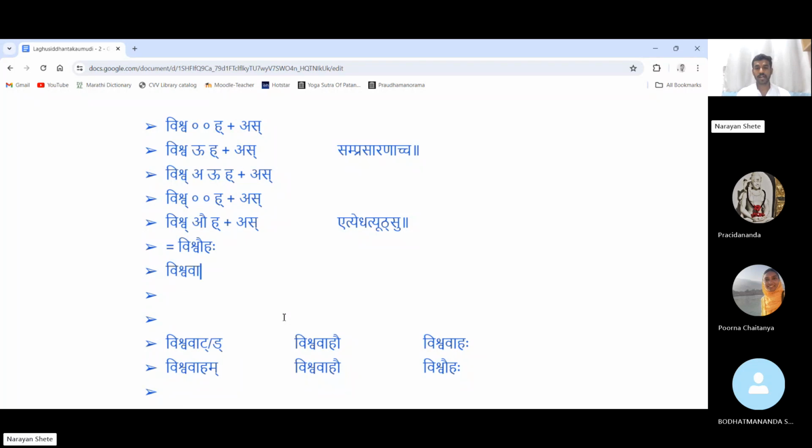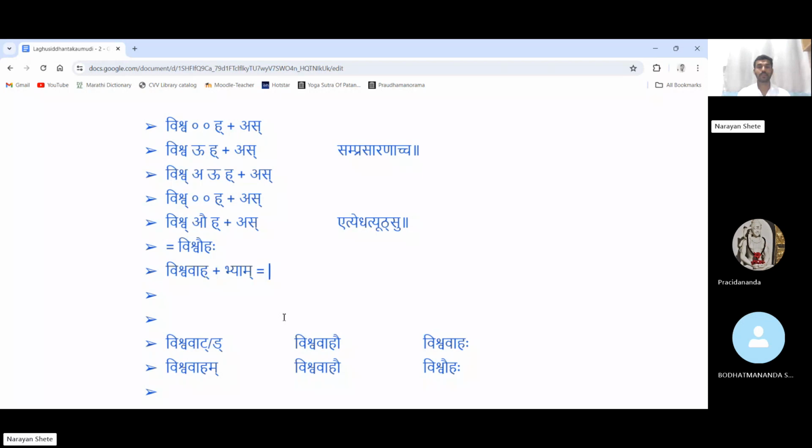Vishwa vaha dhanabhyam. The form will be vishwavadbhyam.